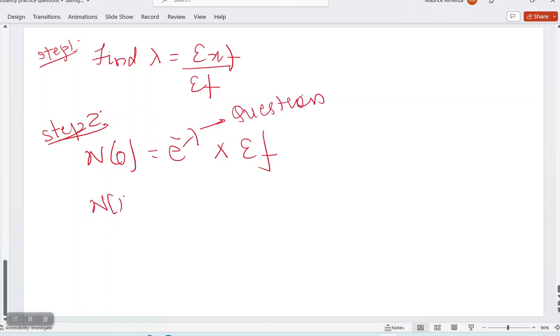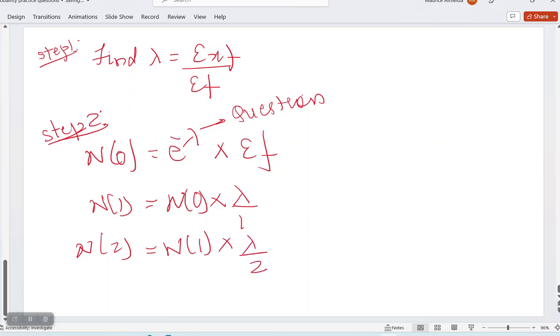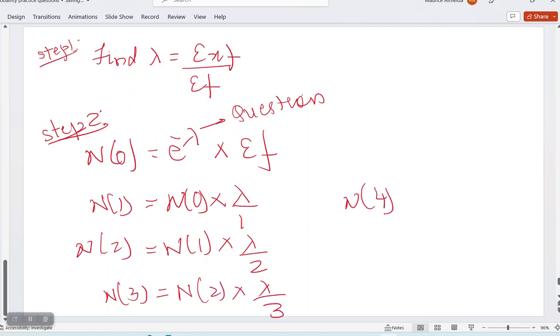To find n of 1, we do n of 0 multiplied by lambda upon 1. Whatever number is inside appears outside. N of 2 is n of 1 into lambda upon 2. N of 3 is n of 2 into lambda upon 3. N of 4 is n of 3, the previous value, multiplied by lambda upon the current value.